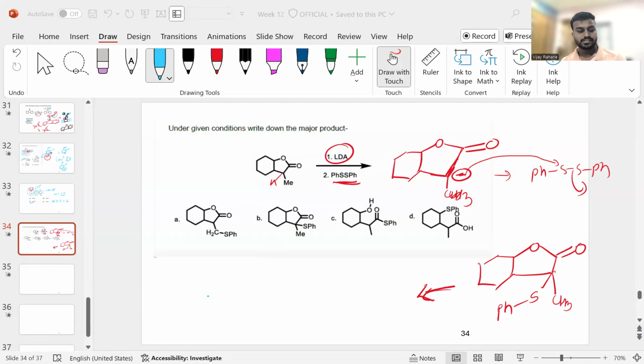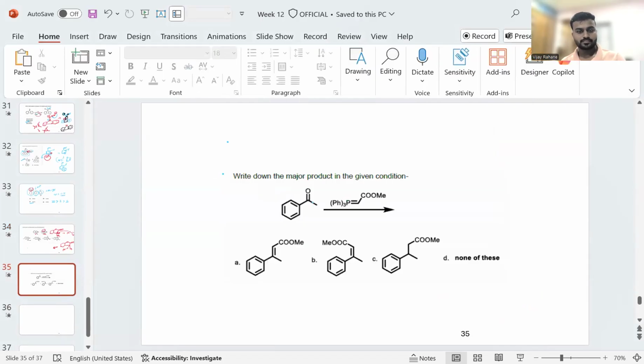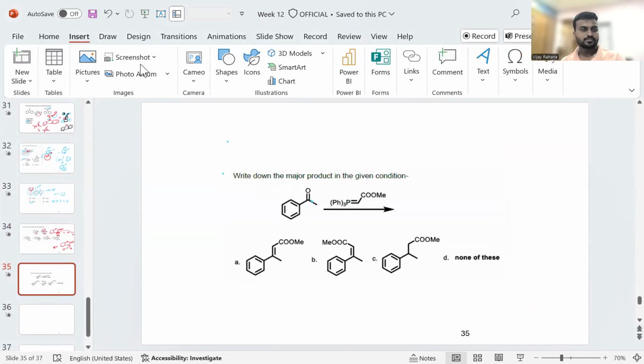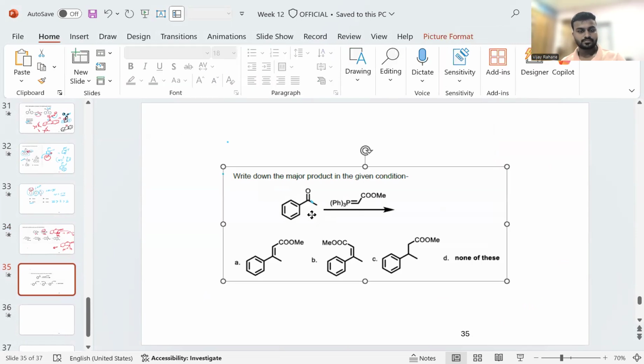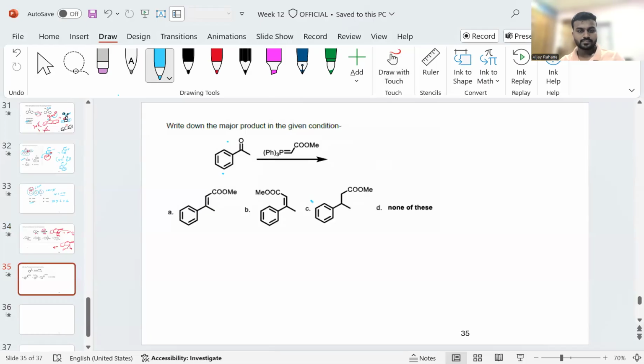I hope you will get the answer if you just remember what gives the E alkene: stability. So it gives the E alkene as the major product.